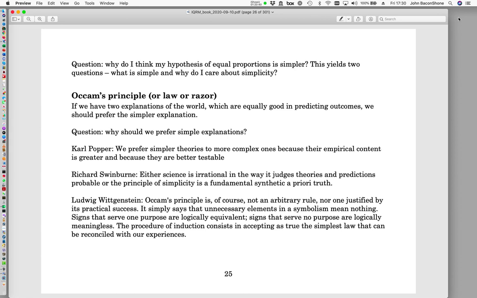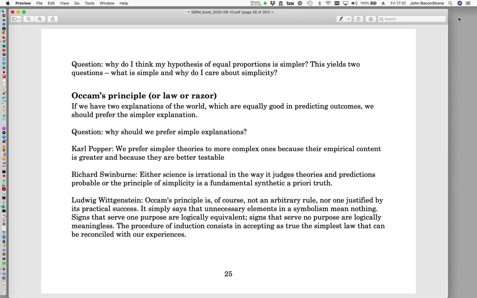So this is an attempt to turn his statement into modern English. We can quote his principle as meaning, if we have two explanations of the world which are equally good in predicting outcomes, we should prefer the simpler explanation.